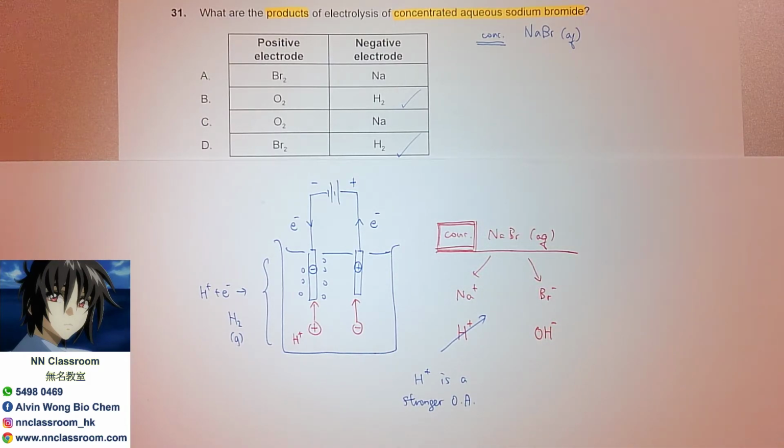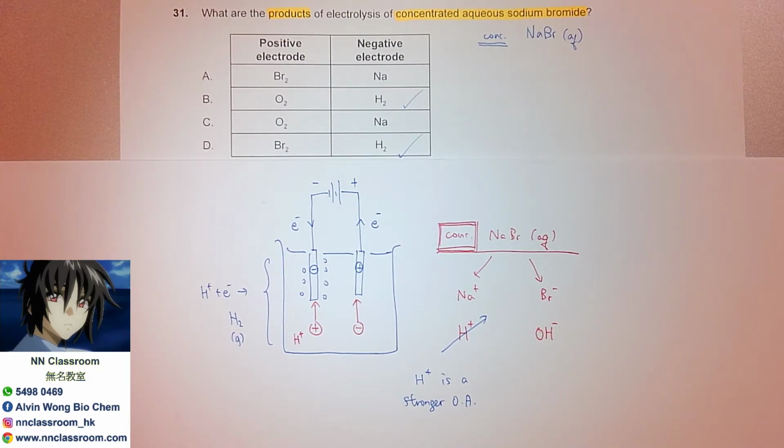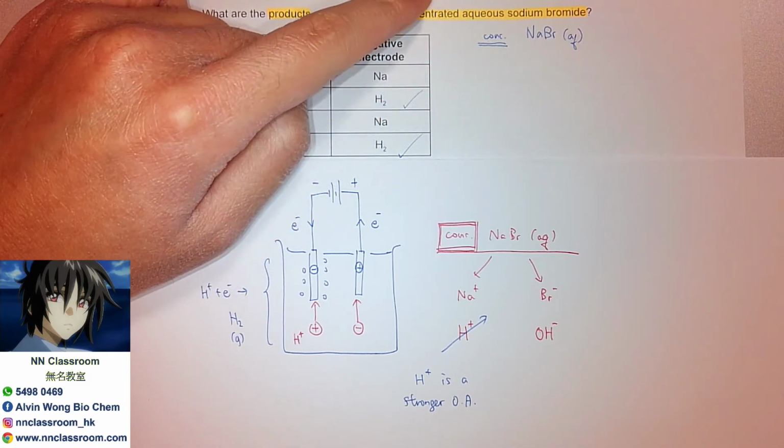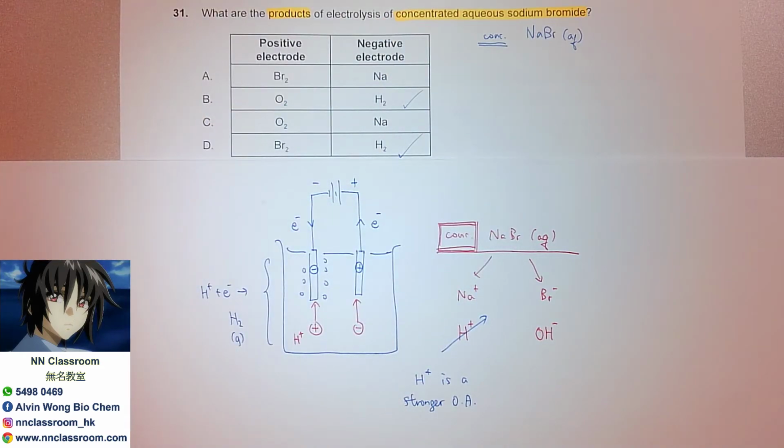The concentration effect only applies in the case of a halide ion under a high concentration. How high it is, for your IB syllabus, you're not required to know. But you're just required to know that if the question illustrates concentrated combined with a halide ion, so both of these appearing, then this is a really good sign that we must be considering the concentration effect.